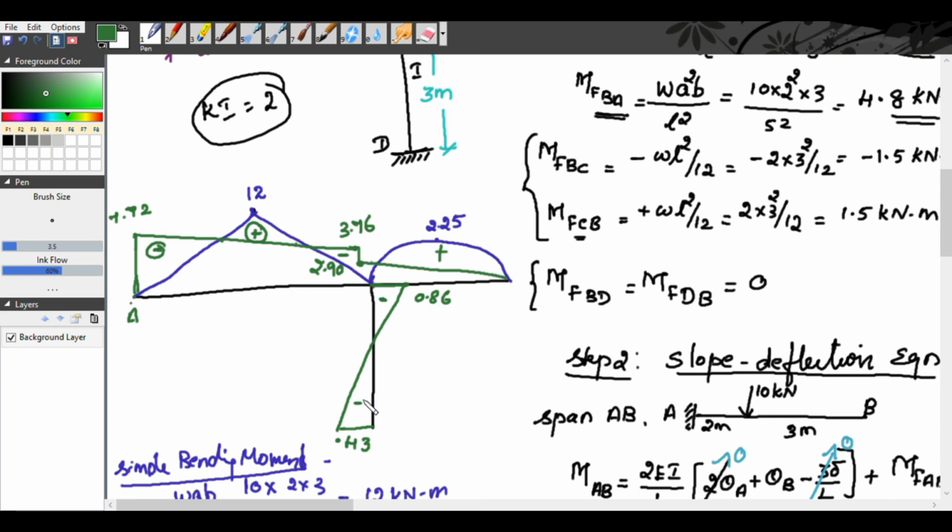Now how will we draw the deflection diagram? Our deflection diagram will be like this. Here in this portion we will have pure sagging, and the remaining portion we will have hogging.